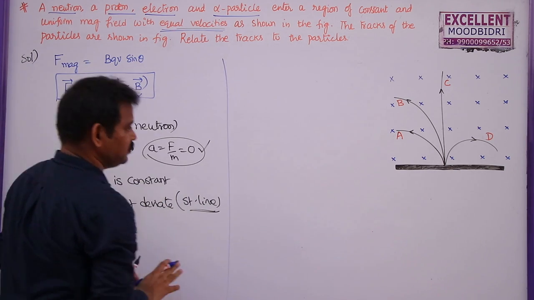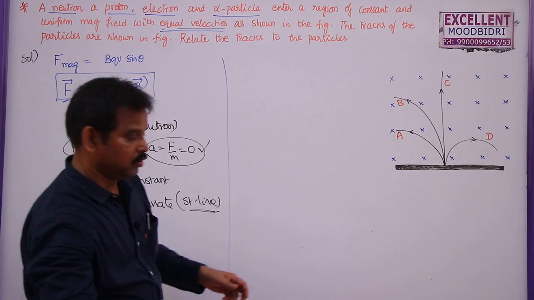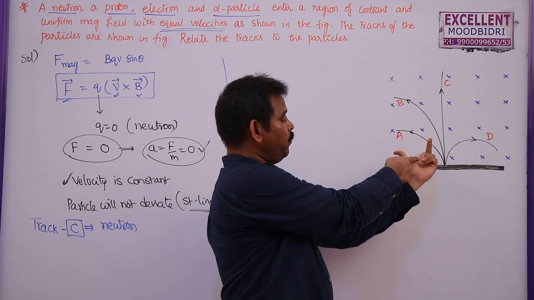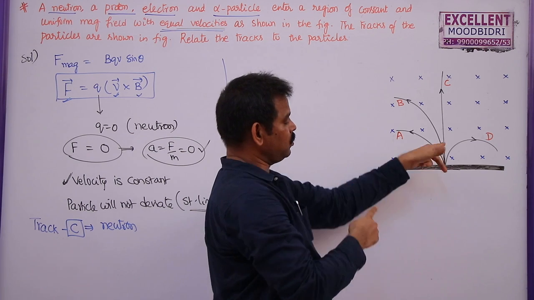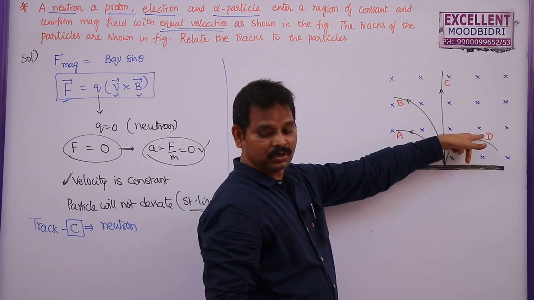Now in the second case, by applying Fleming's left hand rule, if this is the magnetic field and the charge is entering like this, a positive charge will experience force in this direction, a negative charge will experience force in this direction. So this is the only particle which is negative here.